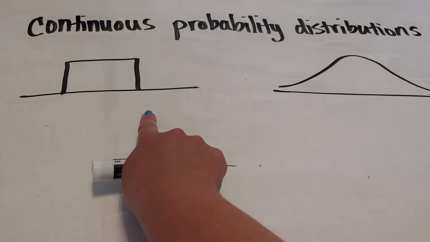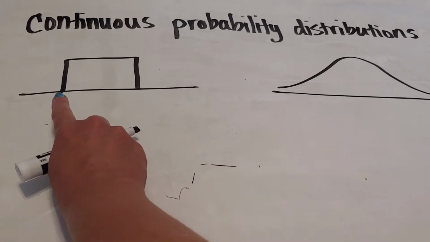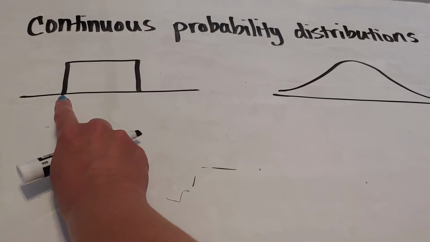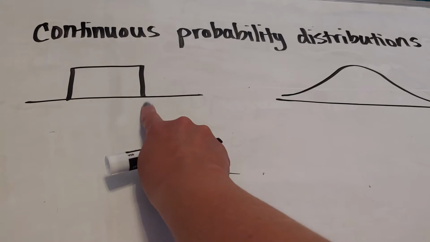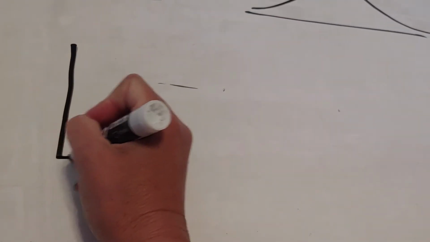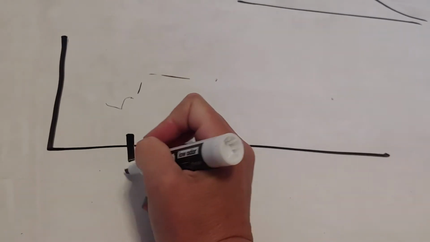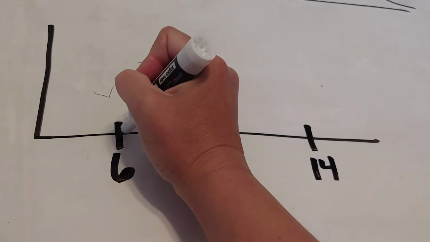So they are saying that it doesn't matter what time of day I come in, when I place my order, who's working the counter. I am equally likely to get it from this moment in time to this moment in time. So let me go ahead and do the example that is in our notes. And this one is 6 is one side, 14 is the other.